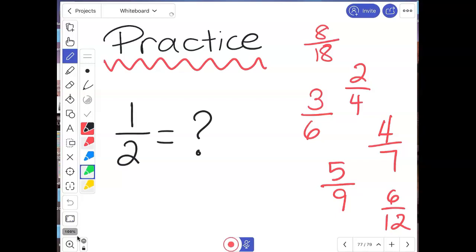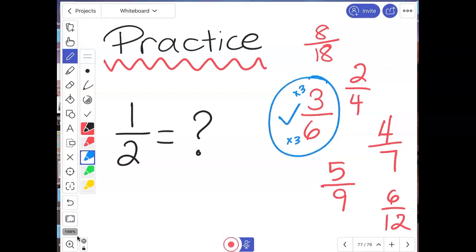Okay, let's find some ones that are actually equivalent. 1/2 is equivalent to, let's see, 3/6. 1 times 3 is 3, and 2 times 3 is 6. So that's a good example.